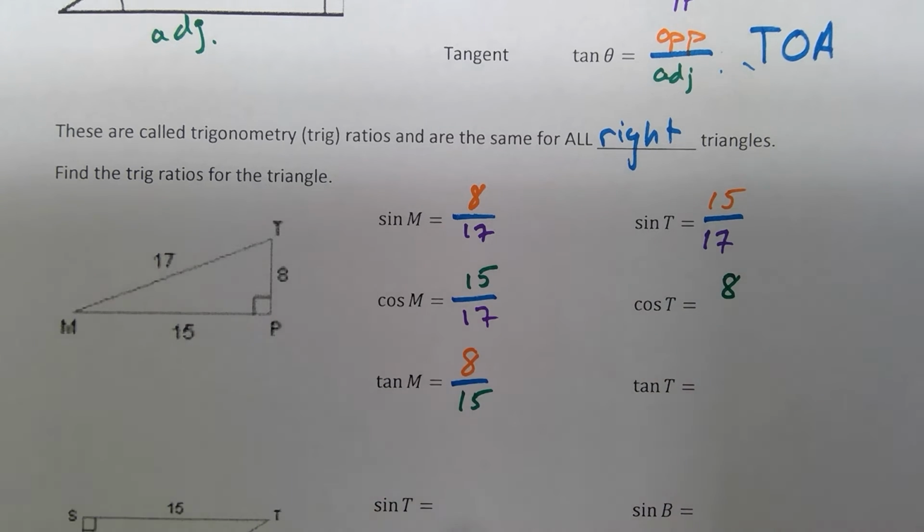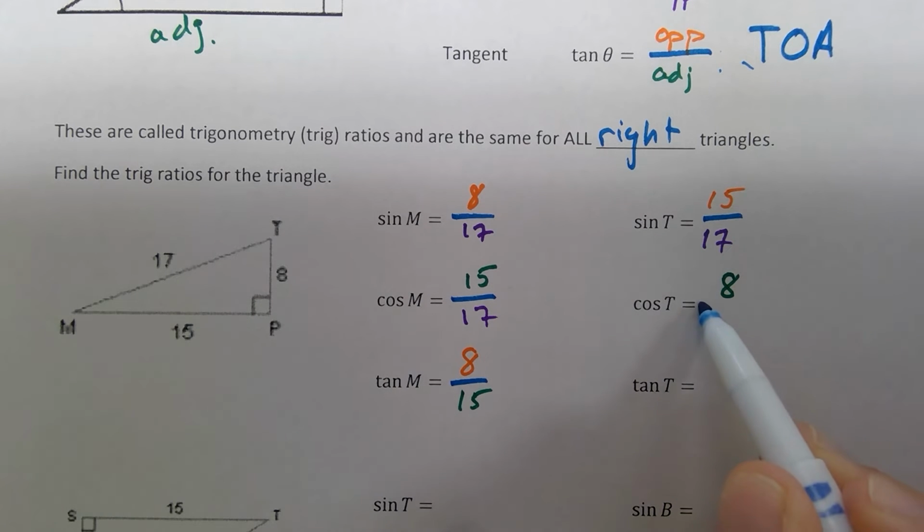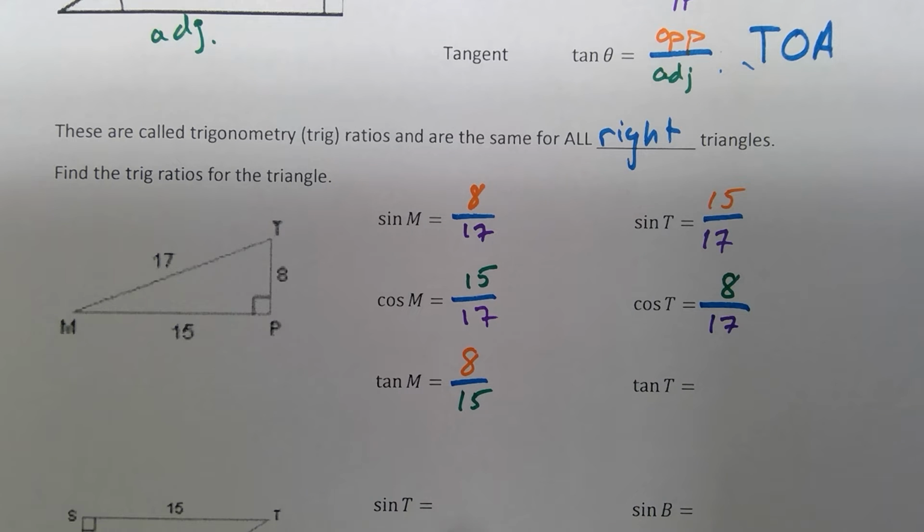So that one's next to T and the right angle, over my hypotenuse. And then for my tangent, I want my opposite side, which is 15 in this case, over my adjacent side, which for angle T is 8. Okay, so hopefully we're starting to see some patterns here.